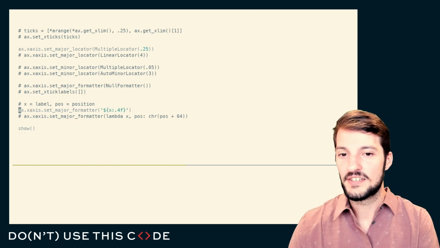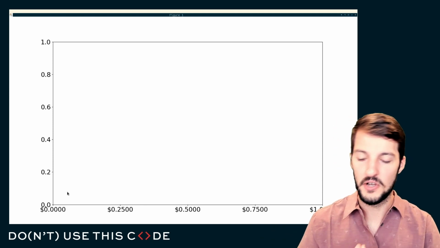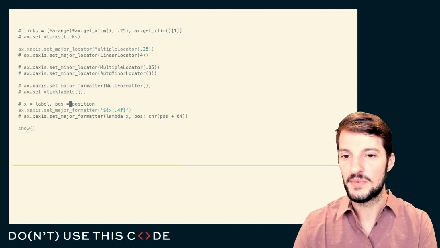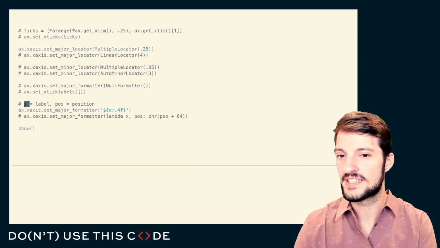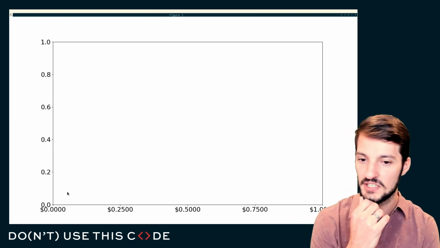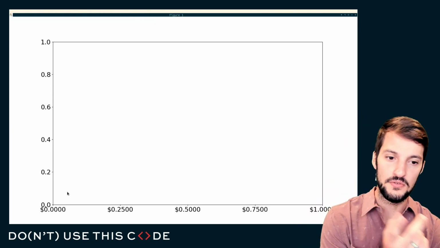You can also pass in a string. If I wanted my x-axis to be in dollar values, you can pass in a formatted string. The trick to this is that x is the current label on the x-axis and pos is the position. If we look at my major ticks here, the first one's at position 0, the next one's at position 1, then 2, then 3, then 4.